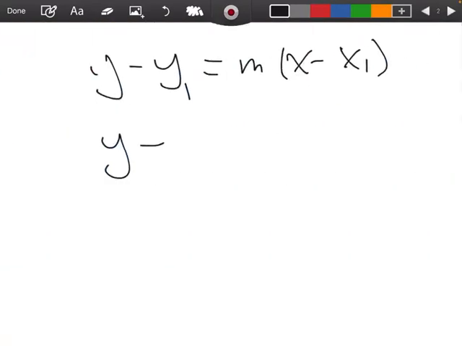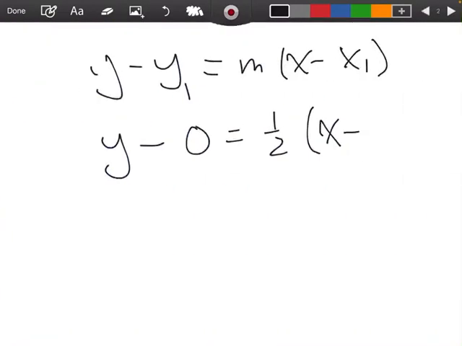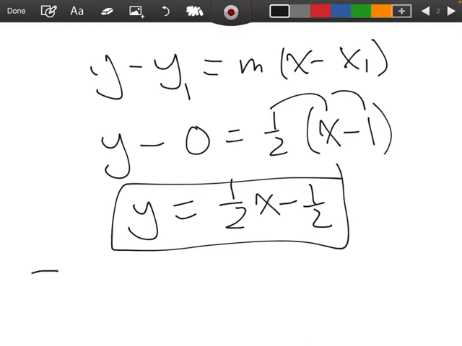My y value is 0, our slope was 1/2, and our x value was +1. So we're going to have y equals 1/2 x minus 1/2.